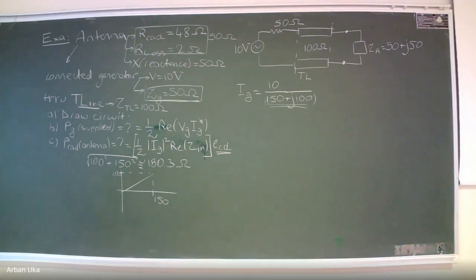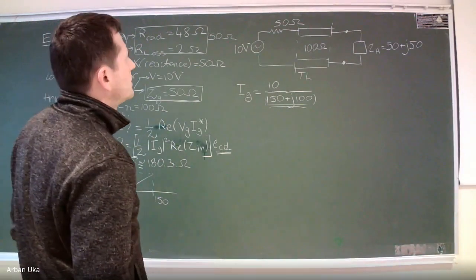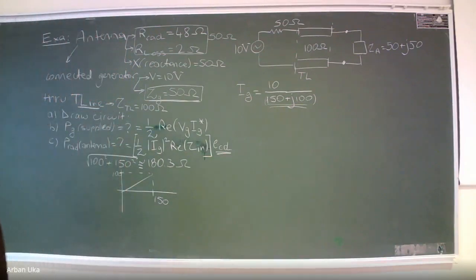So we have the resistance or the impedance which comes from the IG. This is the IG squared Z in. This is 100 squared divided by, let me think for a moment, 50 plus 50J.